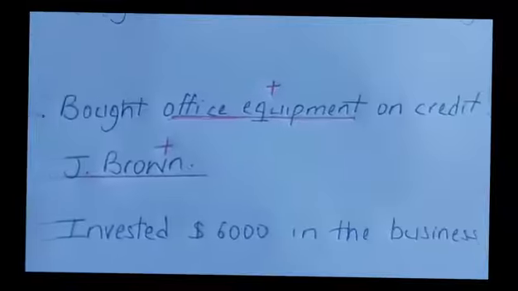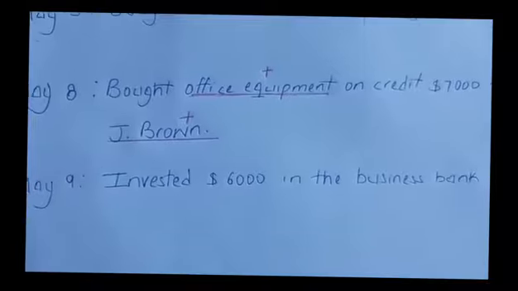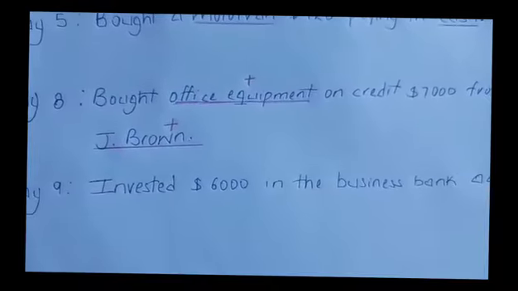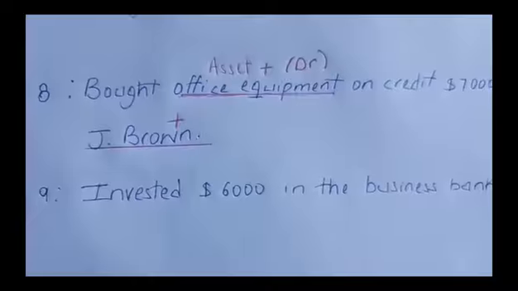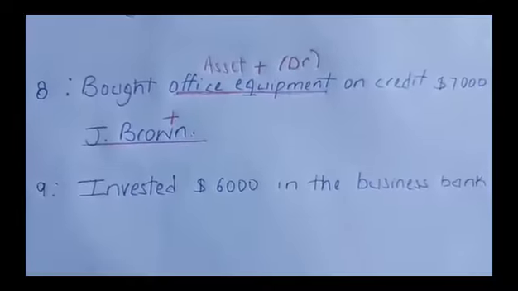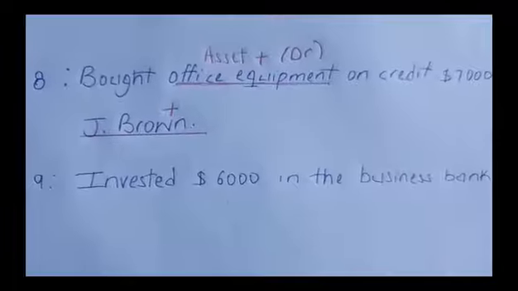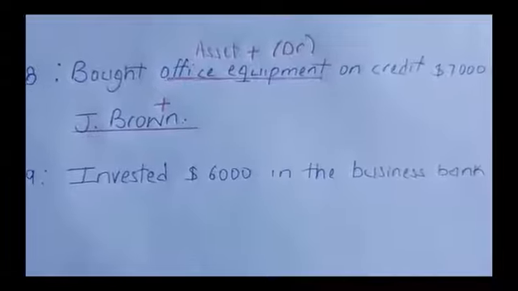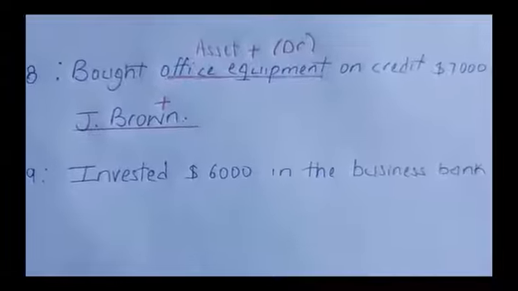So office equipment is indeed an asset, and as asset increases, we debit. And J. Brown is a liability to the business, and the business account with J. Brown would be increasing, so that's liability increases. And as a liability increases, we are supposed to make a credit entry.